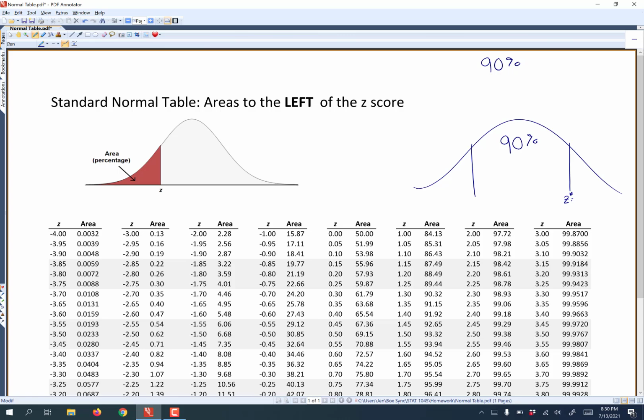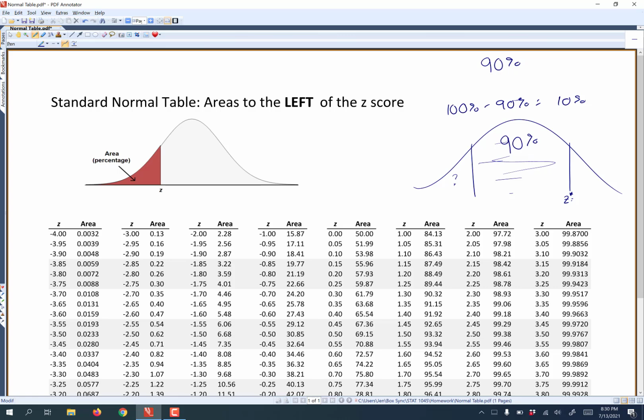But my table doesn't give me areas in the middle, it only gives me areas to the left. So the easiest thing to do would be to say, I know I want 90% in the middle, but how much needs to be in this tail? Because then I could find this value right here. So if there's 90% in the middle, I could do 100% minus 90%, that would be 10%.